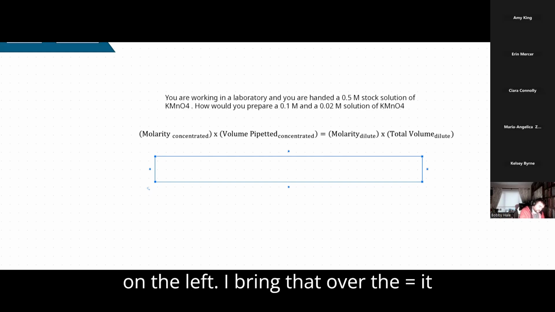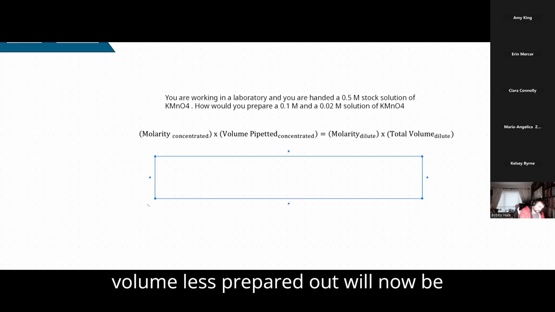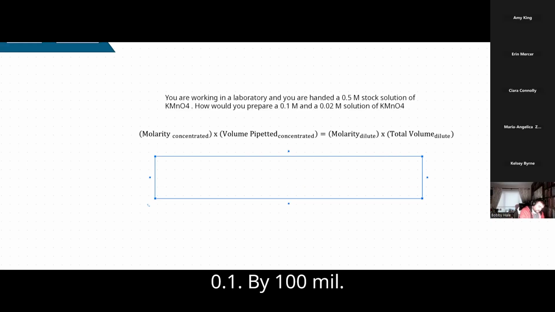Okay, so it's multiplying on the left. If I bring that over the equal sign, it will divide. So my volume that's pipetted out will now be 0.1 by 100 ml divided by 0.5. So that tells me that 20 ml.